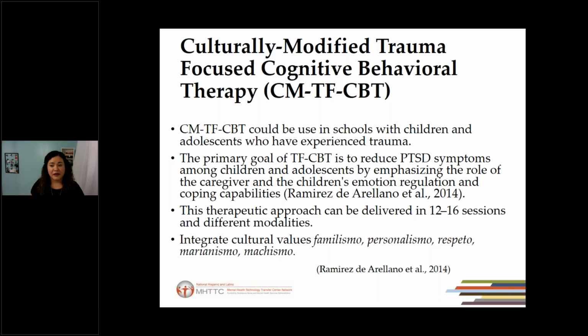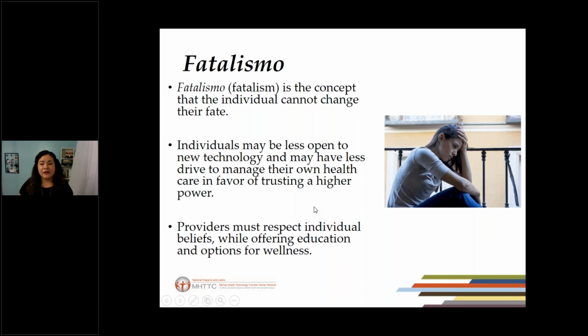So one of the values that I want to talk a little bit about is fatalismo. Can we go to the next slide, please? So fatalismo is the concept that the individual cannot change their fate. In other words, it's when people say, esto va a ser así para siempre, or this is gonna be like this forever, o Dios dijo y se hizo. There are some sayings in the Latino culture that are really fatalistic, right?